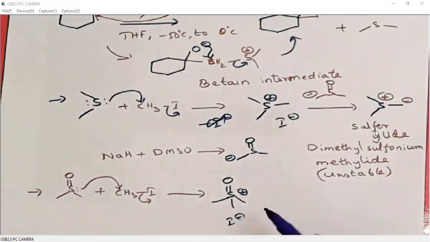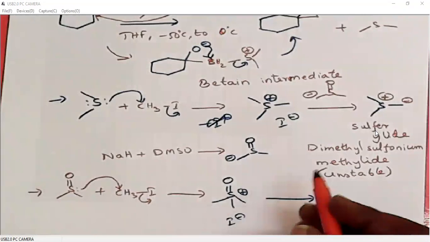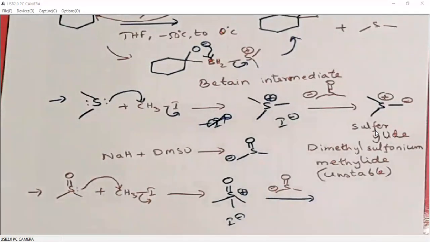When it is treated with DMSO anion, since sulfur is positively charged, it is a withdrawing group now, so it can stabilize a negative charge on the alpha carbon. That means we can easily pick up a proton from the alpha carbon. So this DMSO anion will take one proton from the alpha carbon.